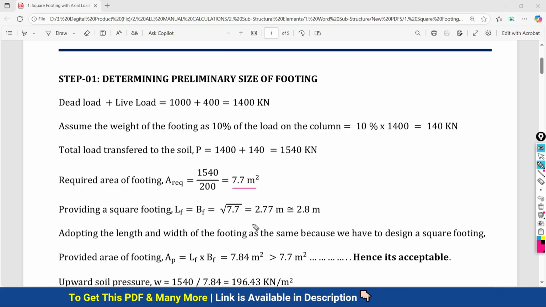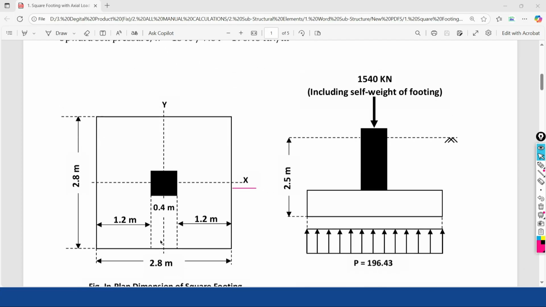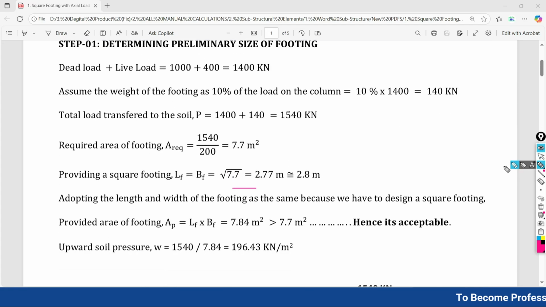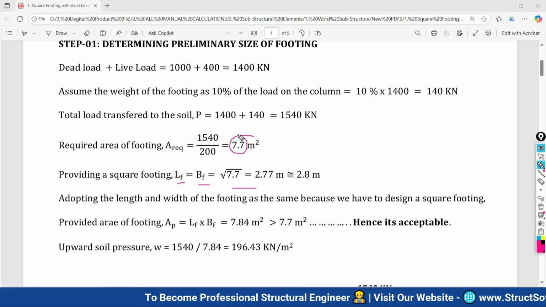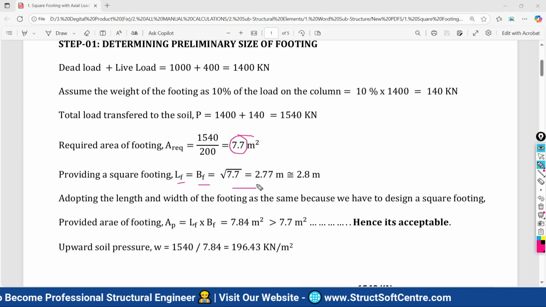This much area is needed, but we are going to provide a square footing, not a rectangular footing, because our column is square. If your column is square, I would suggest providing a square footing. So for a square footing, length and width will be equal, and that will be equal to the square root of the required area of the footing, and we get the size requirement as 2.77.